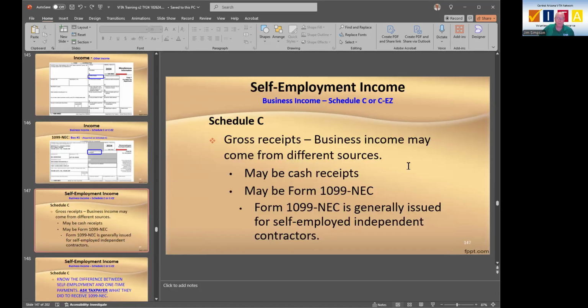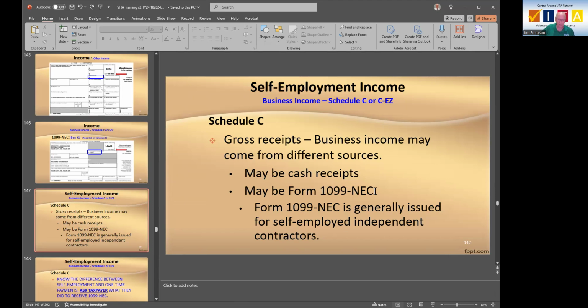So now we talk about business income, okay? What is business income? It can come from many different sources. It could be cash receipts. It could come on a Form 1099-NEC, but not always. Be careful, because you will have clients come in here and say, well, yeah, I said I made less than $600 and they didn't have to give me a 1099, so I don't have to report that income, right?